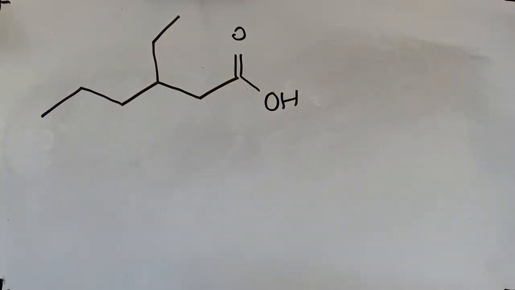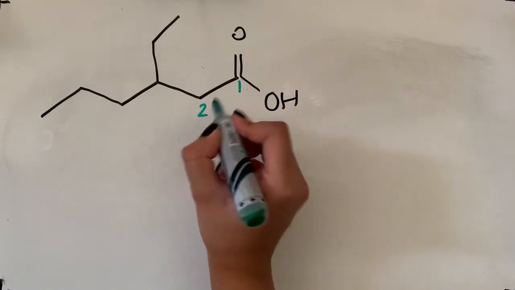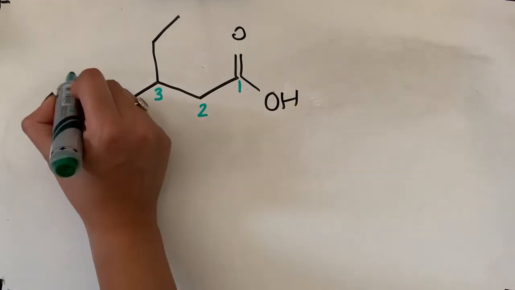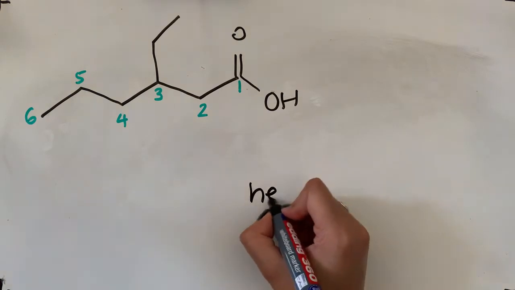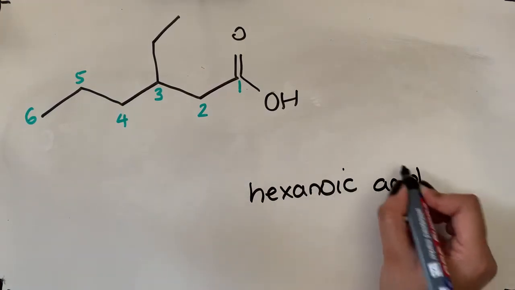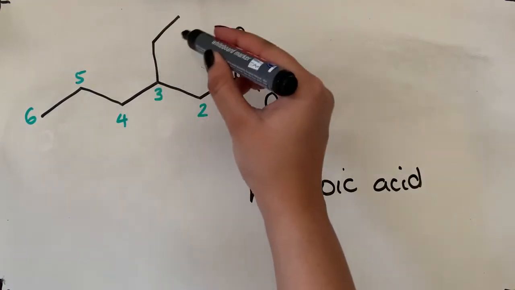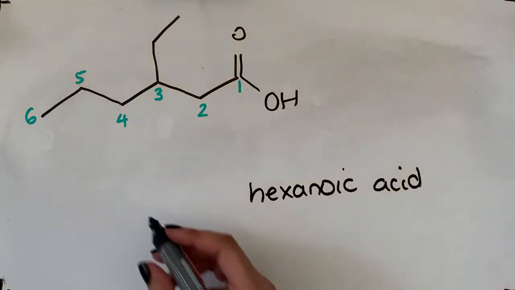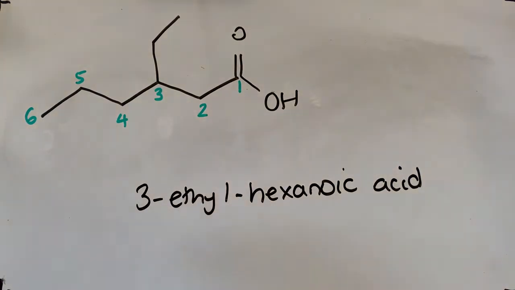If we number across those, again, carbon number 1 is where the carboxyl is. 1, 2, 3, 4, 5, 6. So longest carbon chain is 6, so therefore this is going to end in hexanoic acid. On carbon number 3, we have an ethyl branch. Okay, ethyl's got 2 carbons. So it's ethyl, so this is called 3-ethyl hexanoic acid.